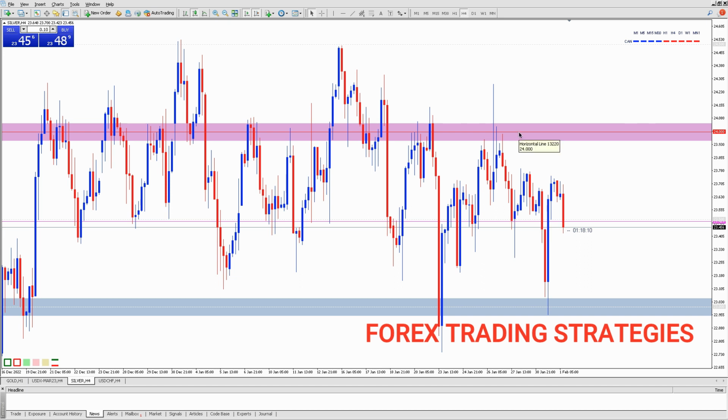So let's say I entered a sell here with a standard lot. It's an example. When price comes to this area, I remove 0.50 of that standard lot and see what's going to happen. Then price maybe continues to go down around the 25 level.